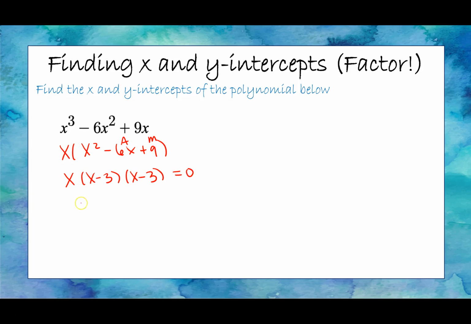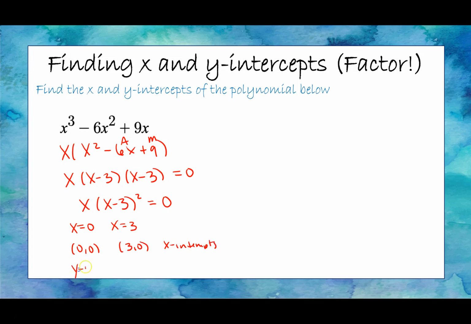And if I want, I could actually rewrite this as x minus 3 quantity squared equals 0. So here I get x equals 0, and also here I get x equals 3. And so these would be my x-intercepts, (0, 0) and (3, 0).